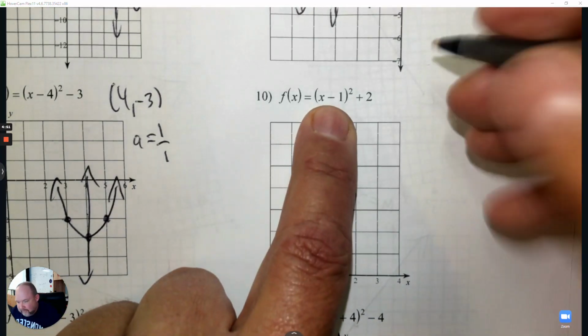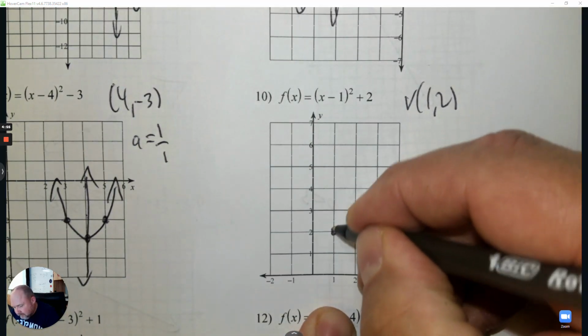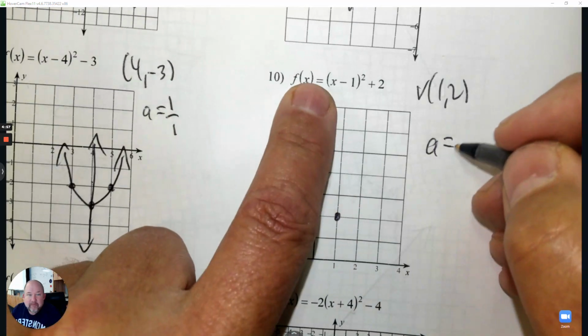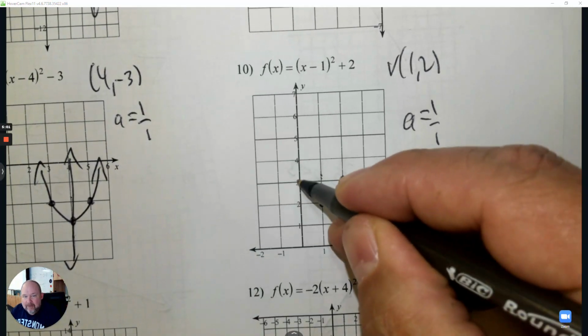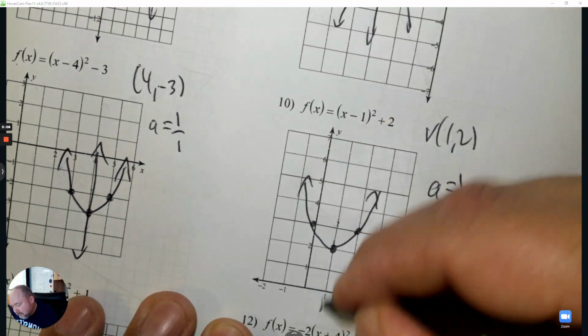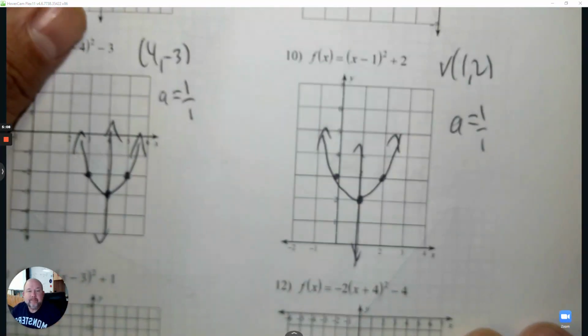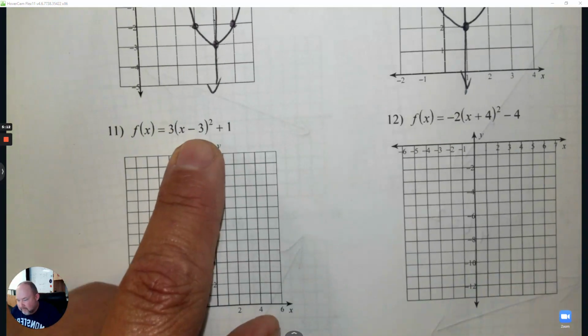All right, vertex, +1, +2. A, I don't see a number in front multiplying, so it's 1. So that means I go up 1 and to the right, up 1 and to the left, and then draw my parabola. Number 11. Where's the vertex?